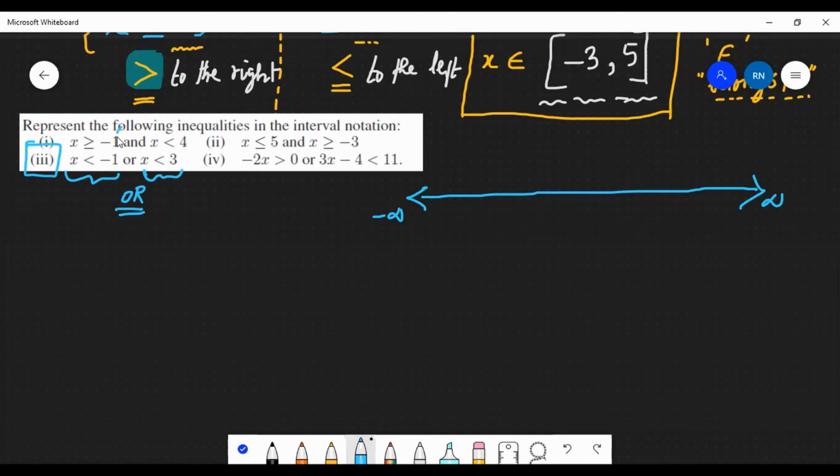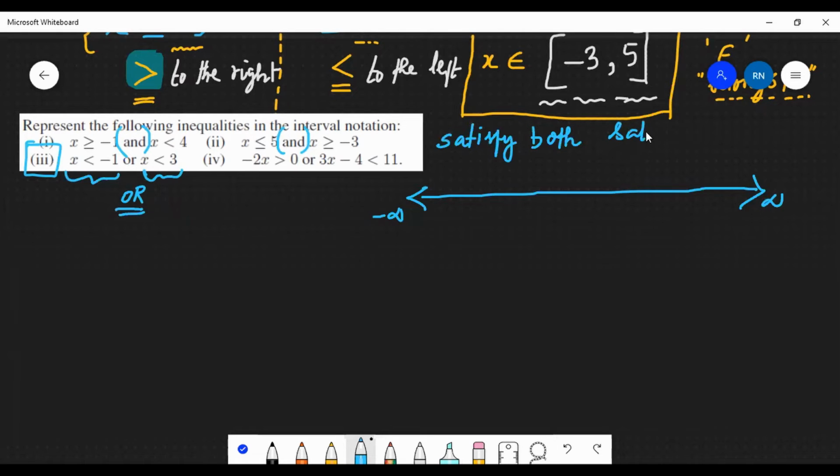Earlier, what was the word connecting? And. And was the word that was connecting. What do you mean by and? I told you x should satisfy both statements.